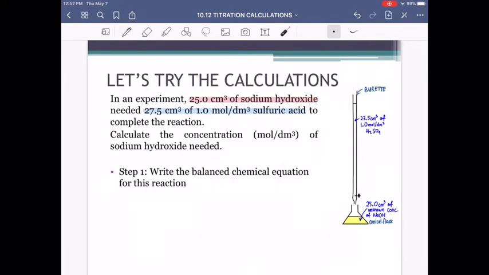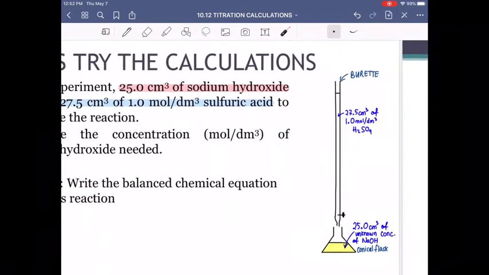For now, let's try the calculations. In an experiment, 25 cm³ of sodium hydroxide needed 27.5 cm³ of 1.0 mol per dm³ sulfuric acid to complete the reaction. Calculate the concentration in mol per dm³ of the sodium hydroxide. The first step, I've drawn a diagram here. This would be like your practical.